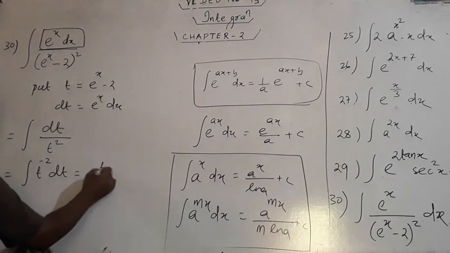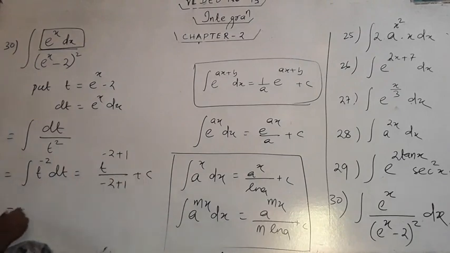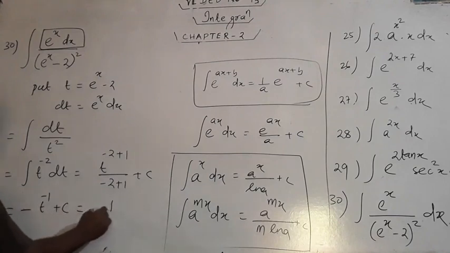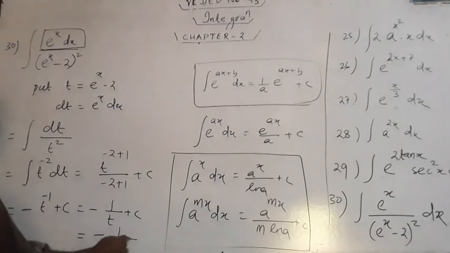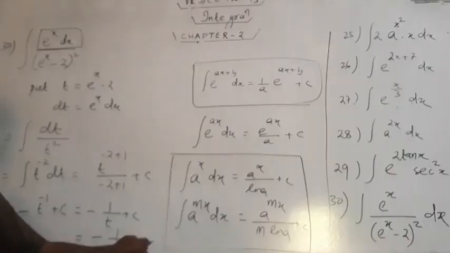It is t to the power minus 2 plus 1 by minus 2 plus 1. And it is t to the power minus 1 plus c. It becomes minus 1 by t plus c. Minus 1 by t means what? Minus 1 by e to the power x minus 2 plus c. Okay.